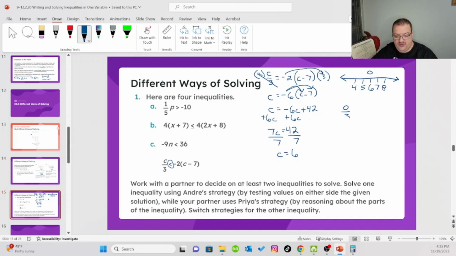So 0 divided by 3 would need to be less than -2 times 0 minus 7. 0 divided by anything is 0. 0 minus 7 is -7.